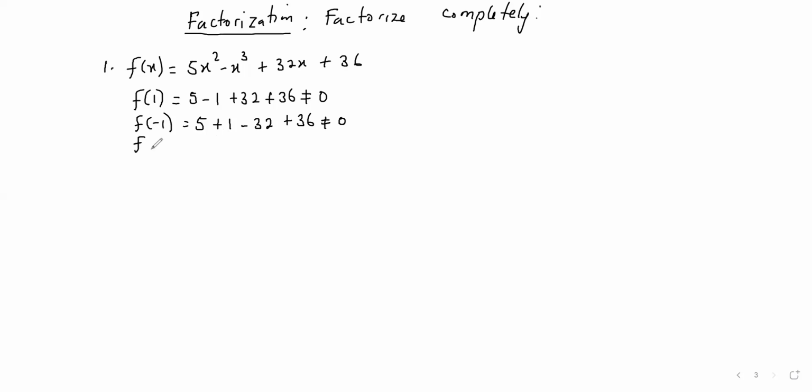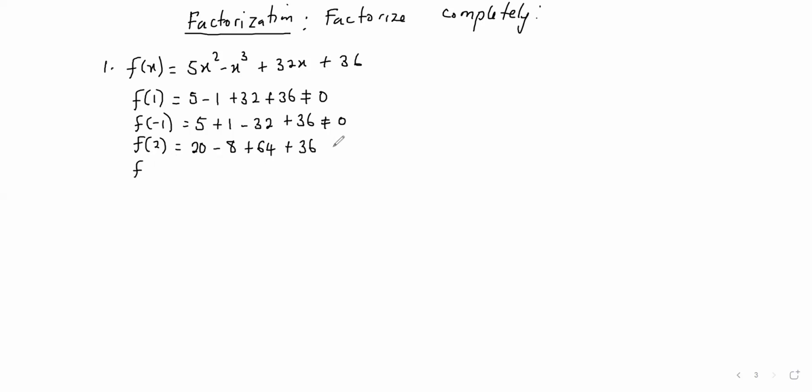So we try 2. We'll have 2 squared times 5. That is 20 minus 8 plus 32 times 2, that's 64, plus 36. So that cannot be 0.